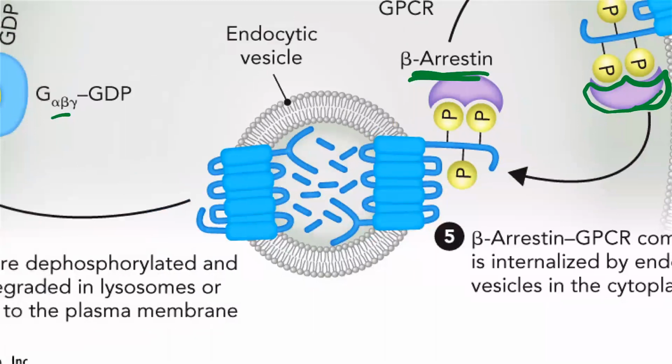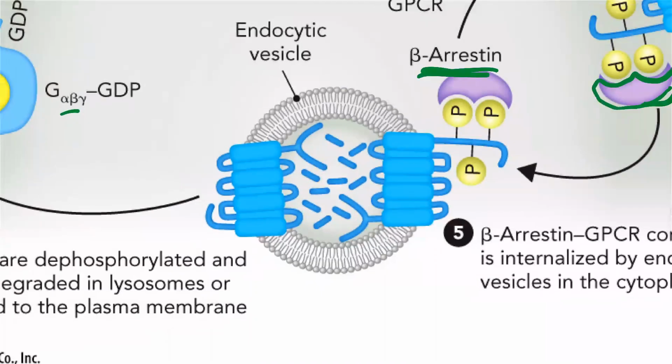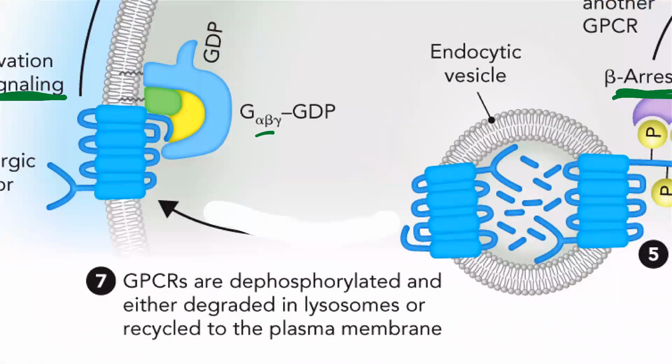Or once that is internalized, it can be broken down, recycled, or degraded and the parts used. Or we can leave it in the vesicle and put it back into the membrane when we're ready. So either you can store it inside a vesicle for a little while and put it back out on the membrane, or you can break it down. It depends on what your goal is.